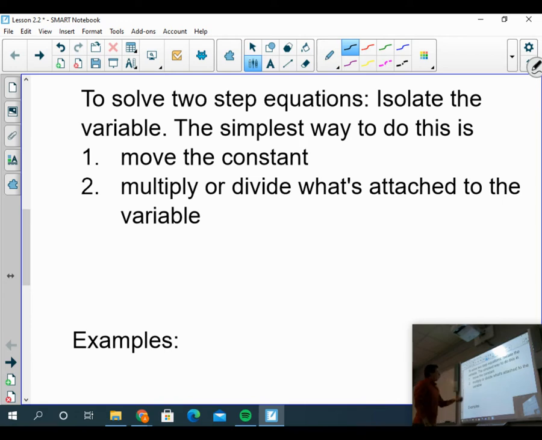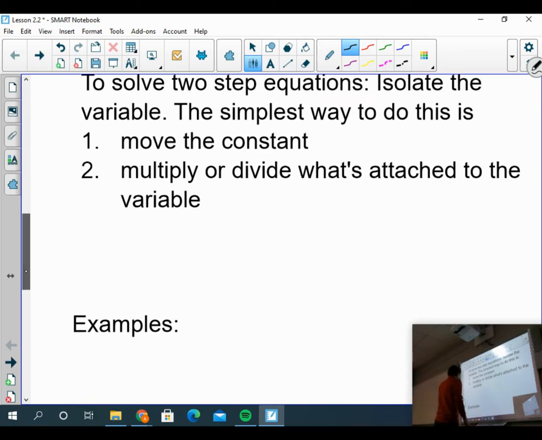Okay? So to solve two-step equations, we are going to isolate the variable as we've been doing. But the question is, how do we do this? Maybe it's more practical if I show you our first example.